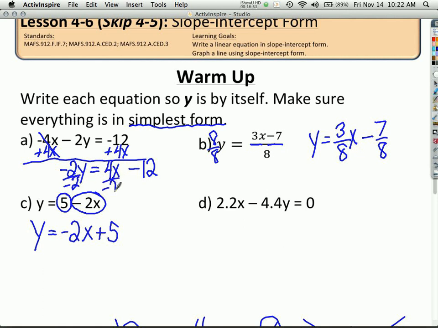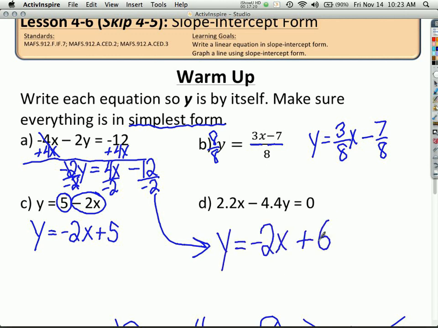But you divide separately. Negative 2 divided by negative 2 is 1. 4 divided by negative 2 is negative 2. Negative 12 divided by negative 2 is positive 6. So that is why you get y equals negative 2x plus 6. Let me draw an arrow over here. Y equals negative 2x plus 6.